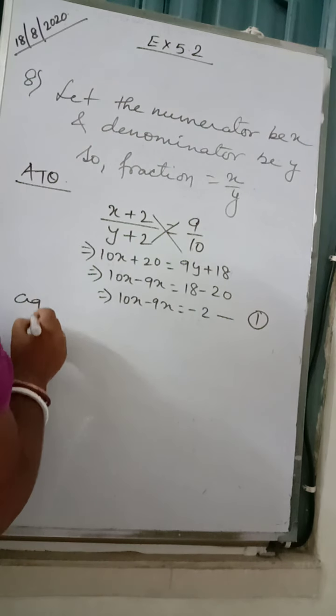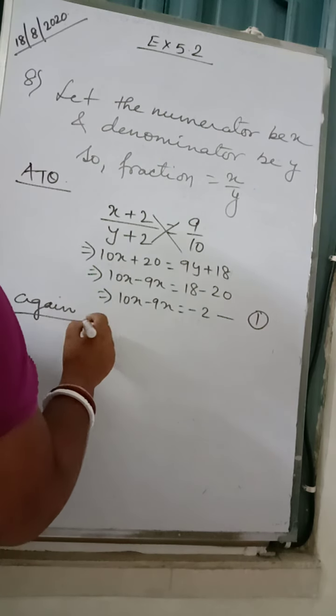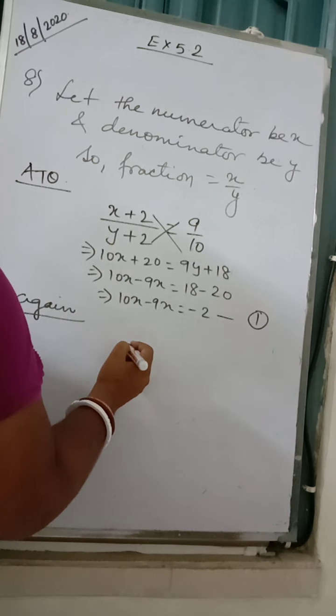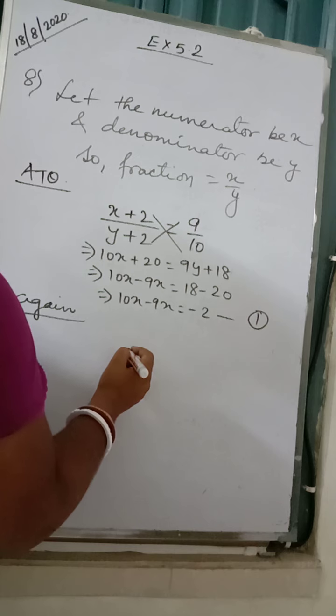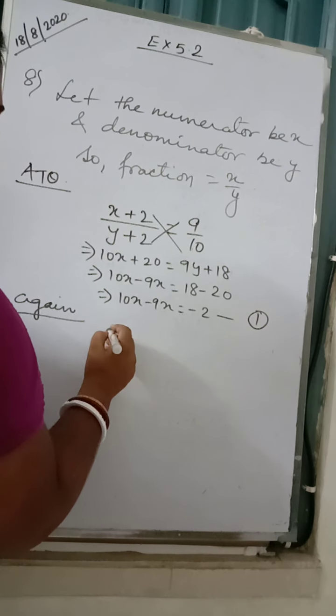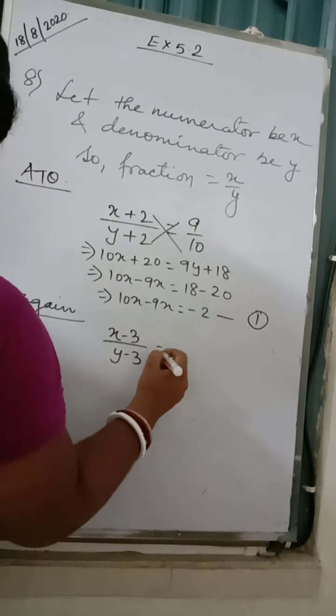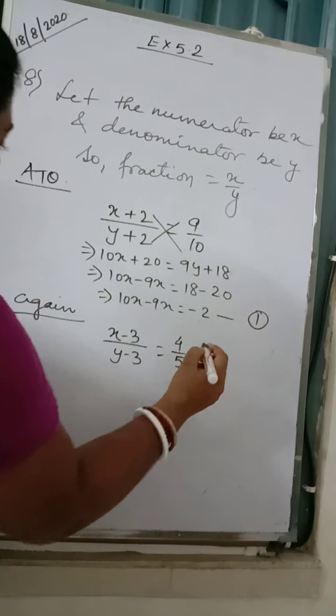Again, if 3 is subtracted from numerator and denominator, it becomes 4 by 5. So x minus 3 by y minus 3 is equal to 4 by 5.